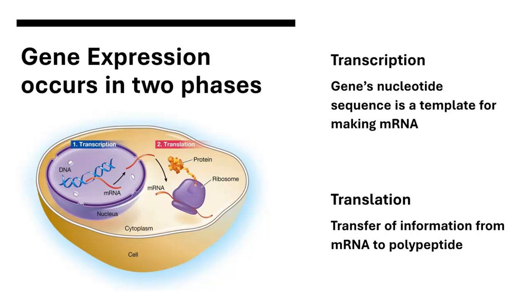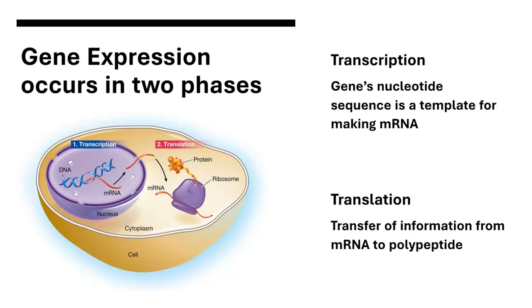There's what's called transcription and translation. So transcription is when we go from the information on the DNA to the construction of a messenger RNA strand. So transcription means we're transcribing the information from the DNA into a messenger RNA.